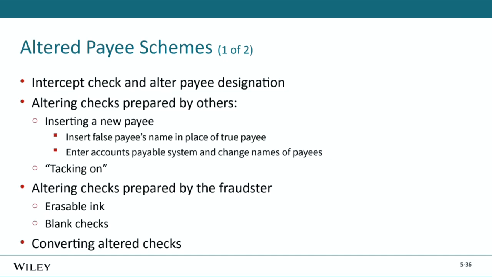And now you've got a check made out to however much that tax payment is, made out to a name that you have an account for, and you can deposit it. And then the IRS would come calling and say, hey, you didn't pay your taxes. Yes, I did. And only then do they look up the check and find that somebody had changed IRS to Mrs. Jane Doe.